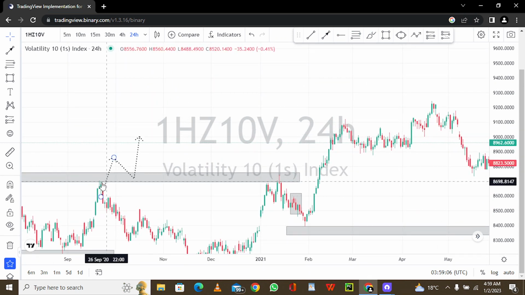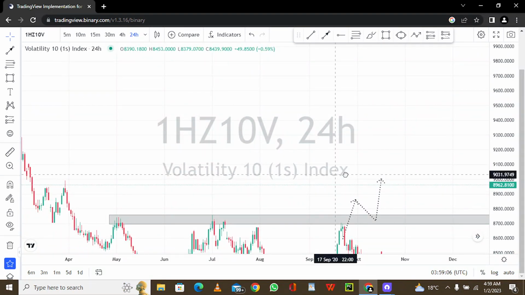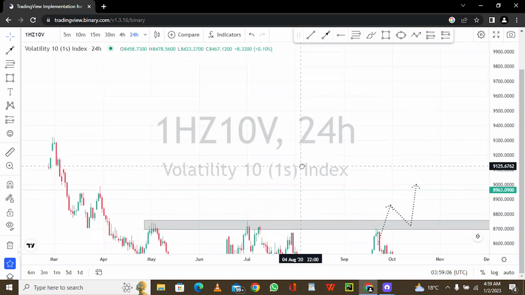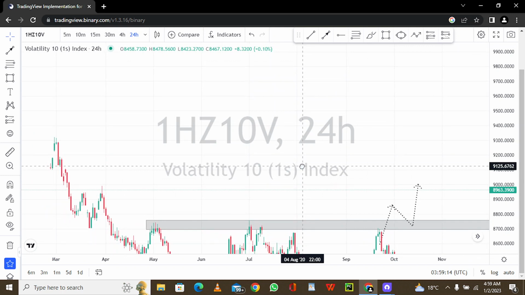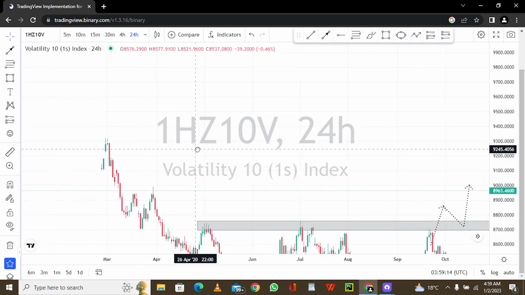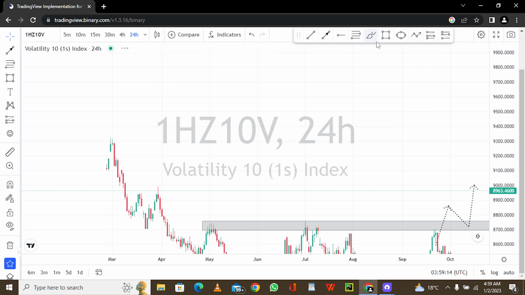This is another example of an inside bar. I can actually call this an evening star, but I'll use this to explain to you so that you can have an idea of what I am saying or how it looks, and whenever you look at it, you'll be able to identify them.